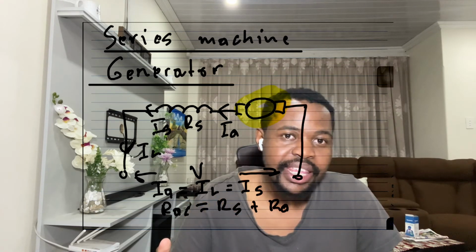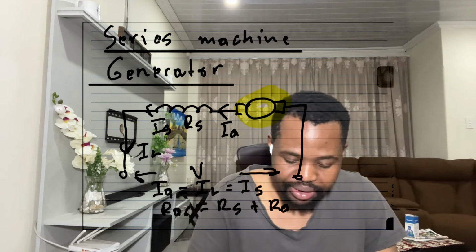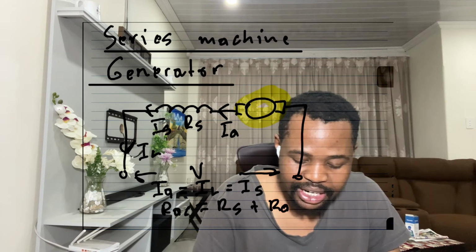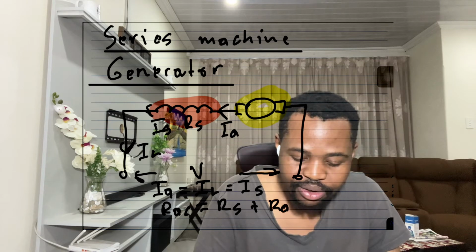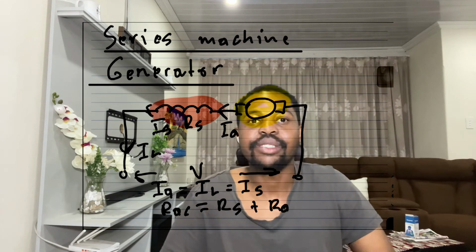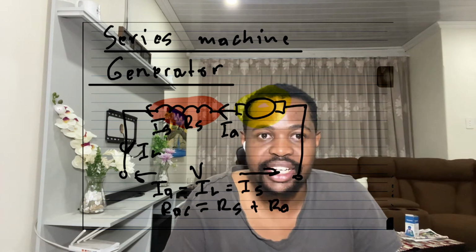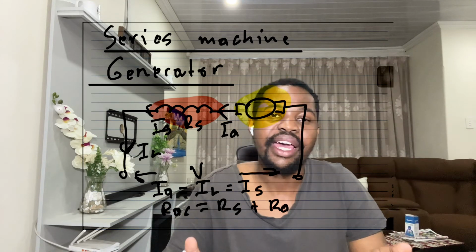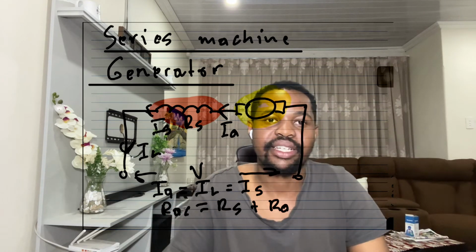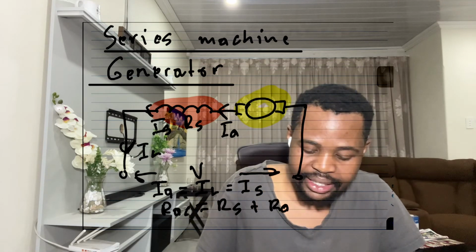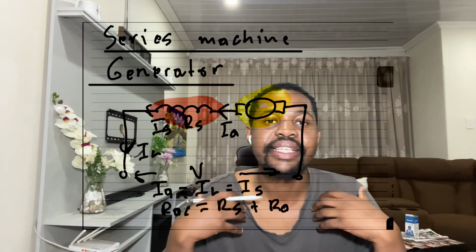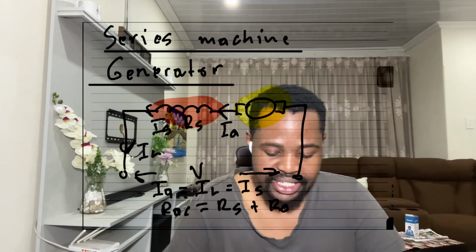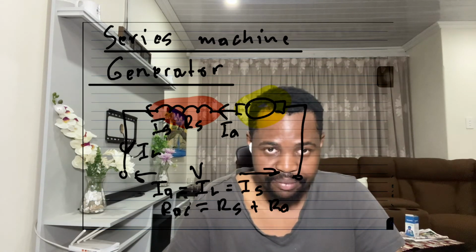Basically, the resistance of this winding is part of the armature circuit, hence that is why I have to add it. That is the series machine operated as a generator.